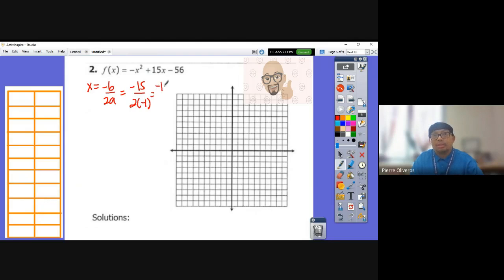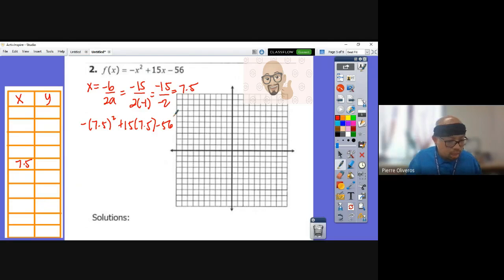This will give us negative 15 over negative 2, and that will give me 7.5. So in my table, I'm going to write 7.5 somewhere in the middle. And to find the y value, I'm going to put it on the calculator, or you can just plug in negative 7.5 squared plus 15 times 7.5 minus 56.